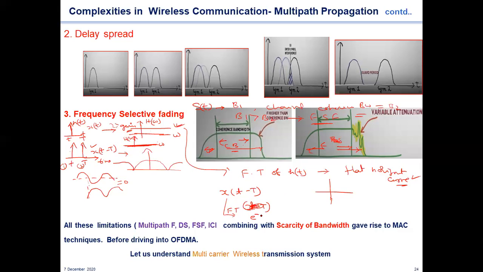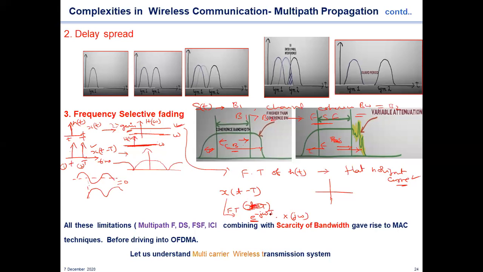It is e to the power minus j omega T times X of j omega. This X of j omega is the frequency response of the original signal.